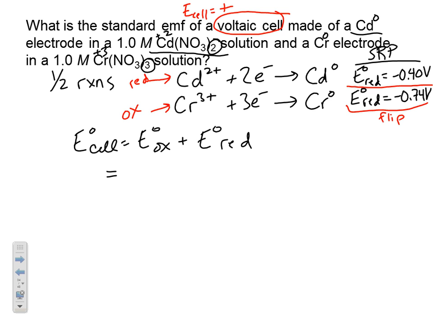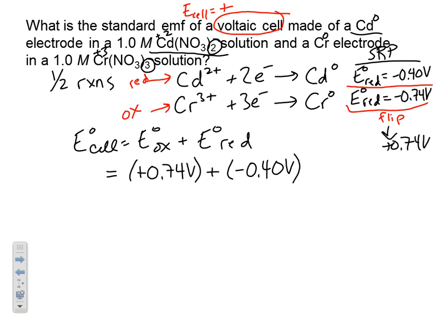Flipping the chromium, I'm going to have positive 0.74 volts for the chromium plus the negative 0.40 volts for the cadmium, and the overall E cell here is going to be positive 0.34 volts.